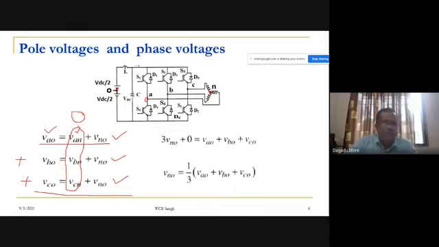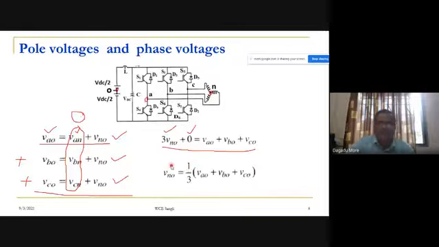So the zero is there, and VNO plus VNO plus VNO, that is 3 VNO, will be equal to VAO plus VBO plus VCO. When we add the three voltages, we get thrice VNO, and VAN plus VBN plus VCN is 0.